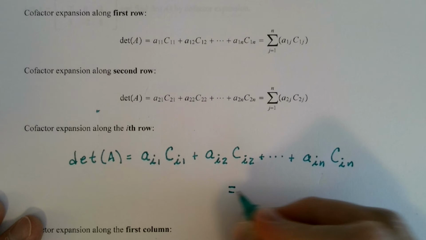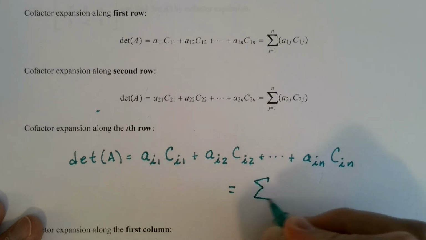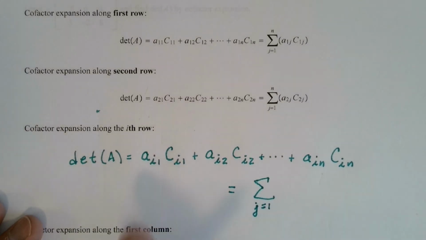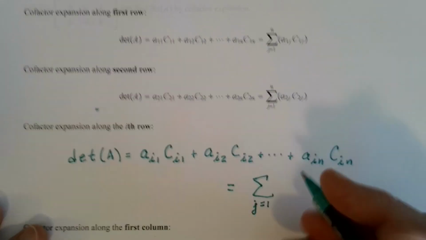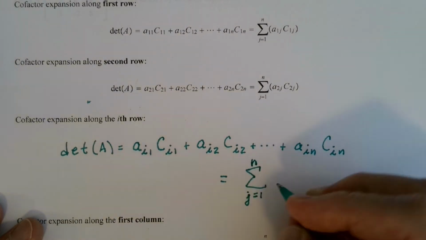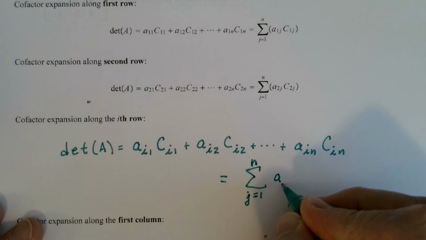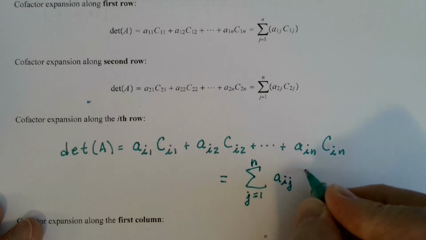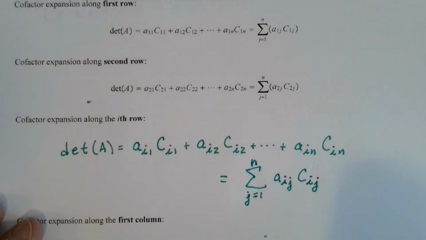And this is equal, in summation notation, to the summation over j, and I'm using j because we're going across a row, which means the column is changing as we go from column number 1 to column number n, of Aij Cij.